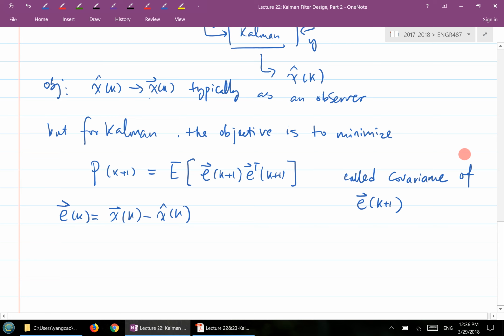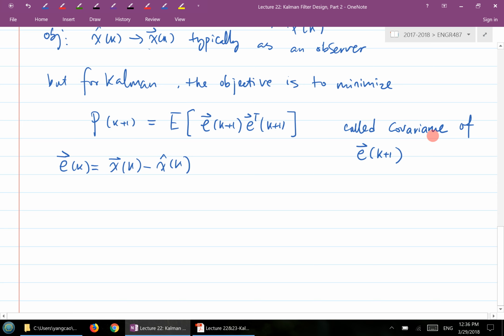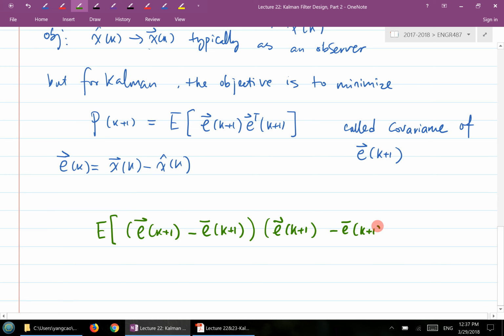If I write down the full expression, when you define the covariance matrix for a certain random variable, it is the expected value of e at k plus 1 minus the mean value, multiplied by e at k plus 1 minus the mean value, transpose.